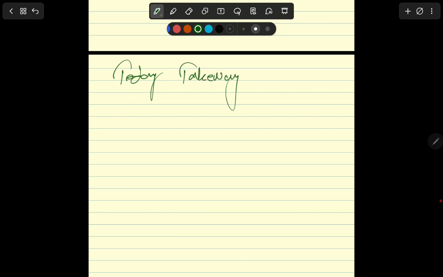So today's takeaway, right? Polynomial division is just like number division, similarly if you were dividing 35 by 4, right? Now every division is going to give you a quotient and a remainder.